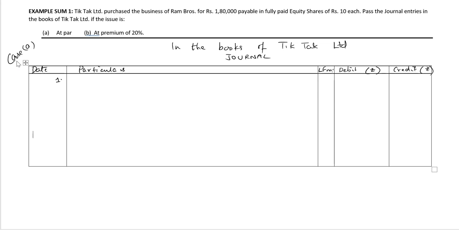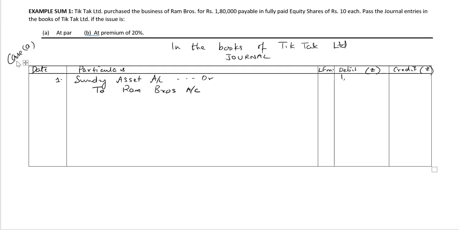The first journal entry is for the purchase of business of Ram Brothers. Sundry asset account debit to Ram Brothers account.